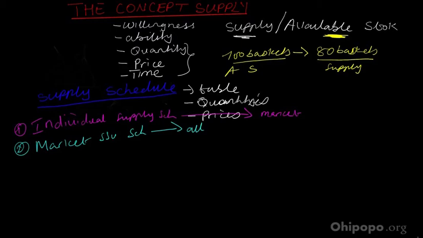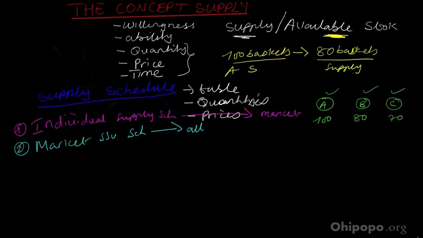For example, let's say there are 3 suppliers of tomatoes: supplier A, supplier B, and supplier C. Supplier A supplied 100 baskets of tomatoes. Supplier B supplied, let's say, 80 baskets of tomatoes, and supplier C 70 baskets of tomatoes. This is their individual supply.